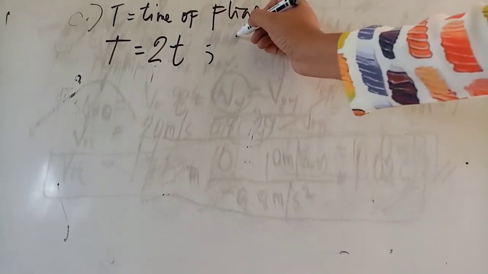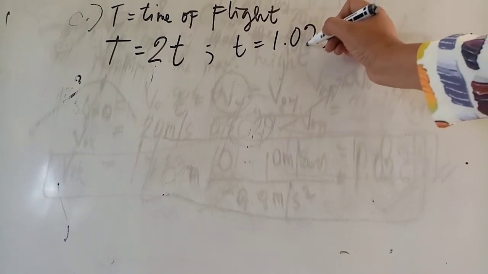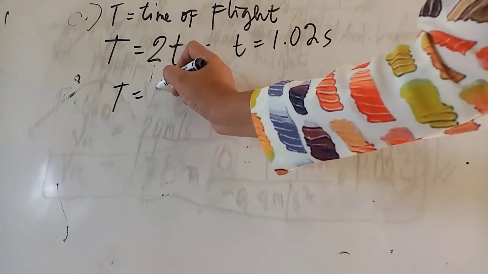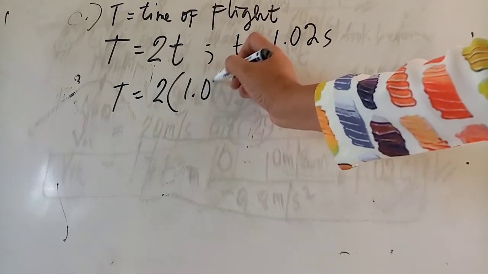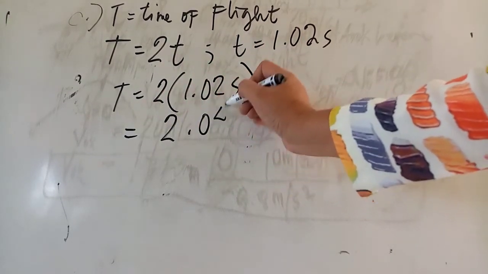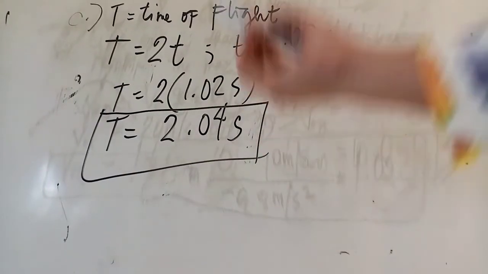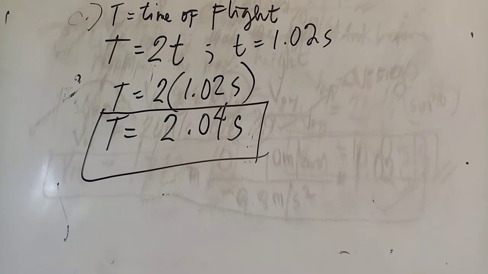And we know that from letter B, our time is equal to 1.02 seconds. Substituting the values, 2 times 1.02 seconds is equal to 2.04 seconds. And this is the total time of flight of the football from the initial position to the final position.